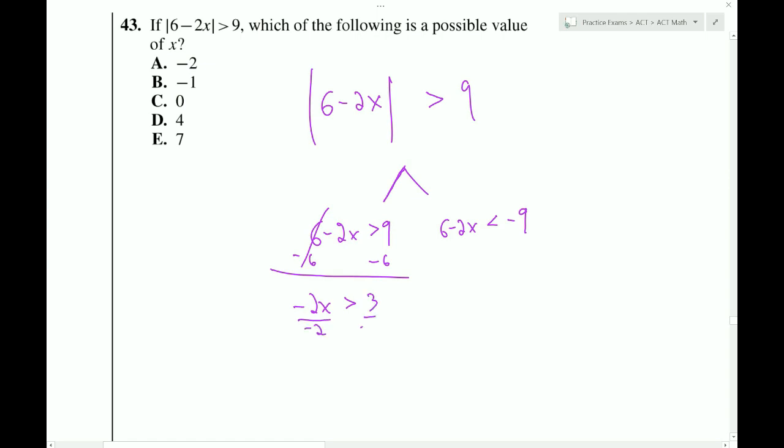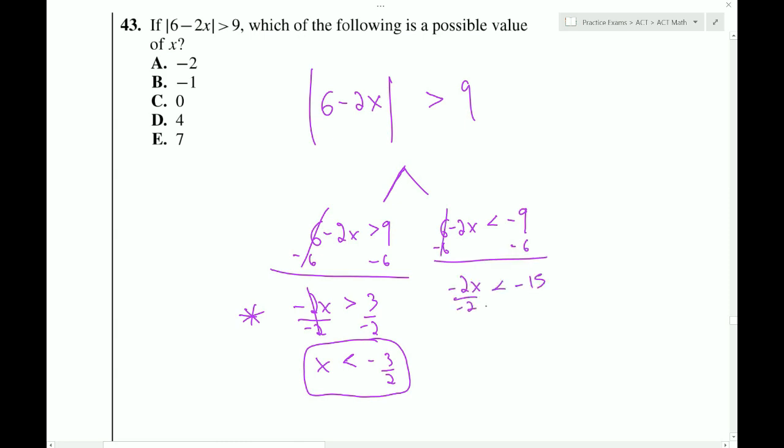Divide by a negative number, we have to switch the inequality sign. It's one of the key differences between inequalities and regular equations. So that's important. We subtract 6 from both sides, get -2x is less than -15, divide by -2, and again, when we're dividing by a negative, we switch the inequality sign to get 15/2 here.